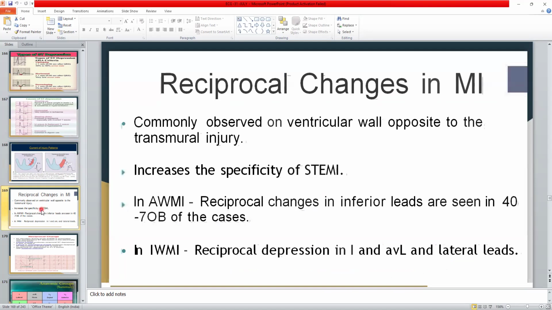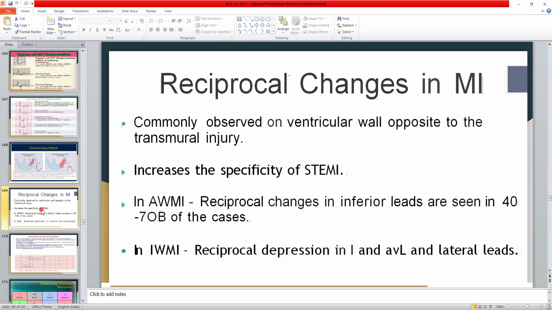Coming to the reciprocal changes in MI, whenever any surface of the heart is infarcted by the supplying coronary artery, the changes will appear in those particular leads.